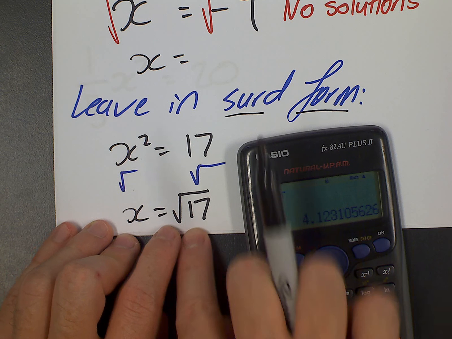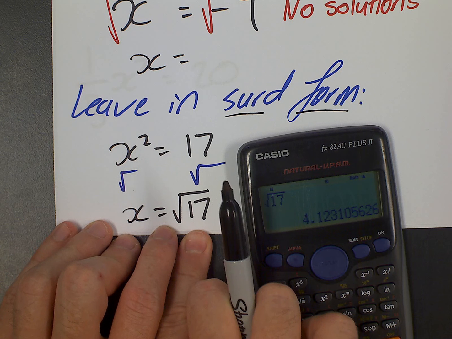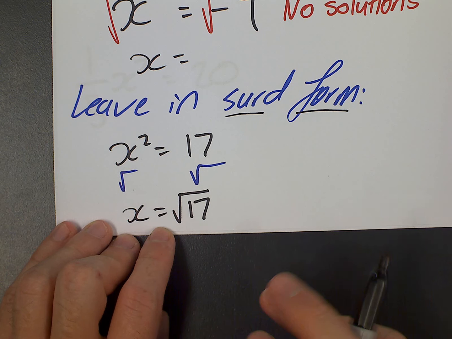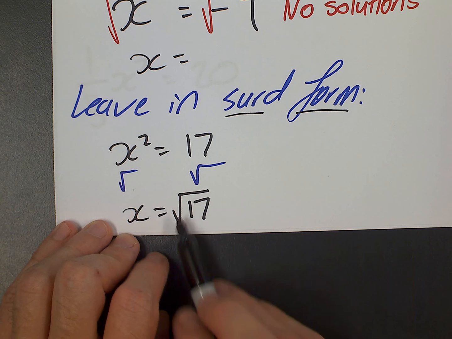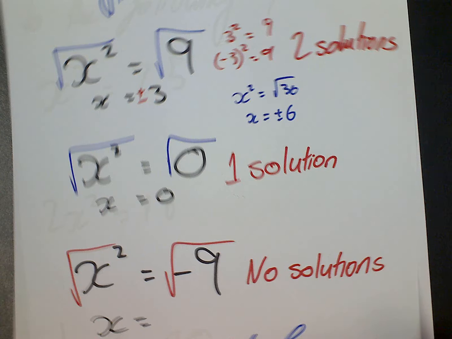It looks like we should do the operation, but we're going to leave it in surd form, in our square root form. So when the question asks for surd form, or maybe even exact form, that's exactly that answer, it means leave it in this form with a square root around it. Okay.